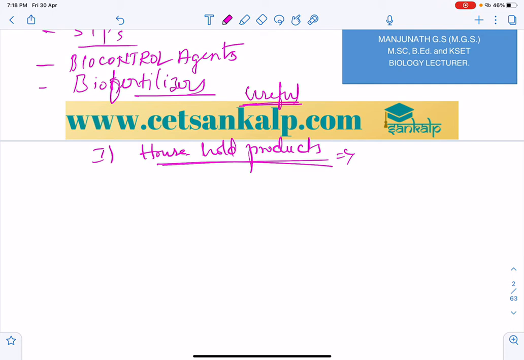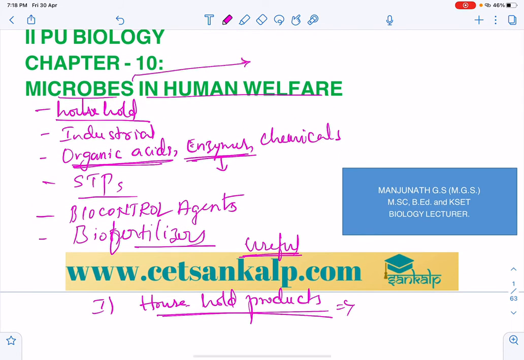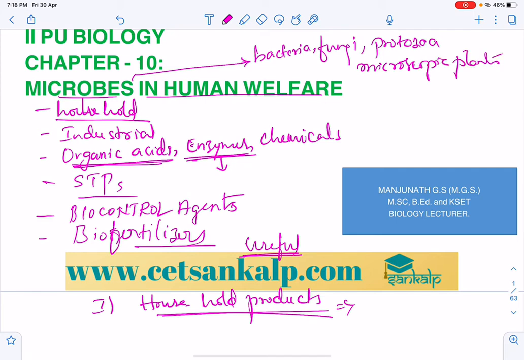Microbes belong to different groups, right? One thing you have to keep in mind is that microbes belong mainly to the group Monera, that is bacteria, and also to fungi and protozoa, and along with that some microscopic plants. These we will consider as microbes.